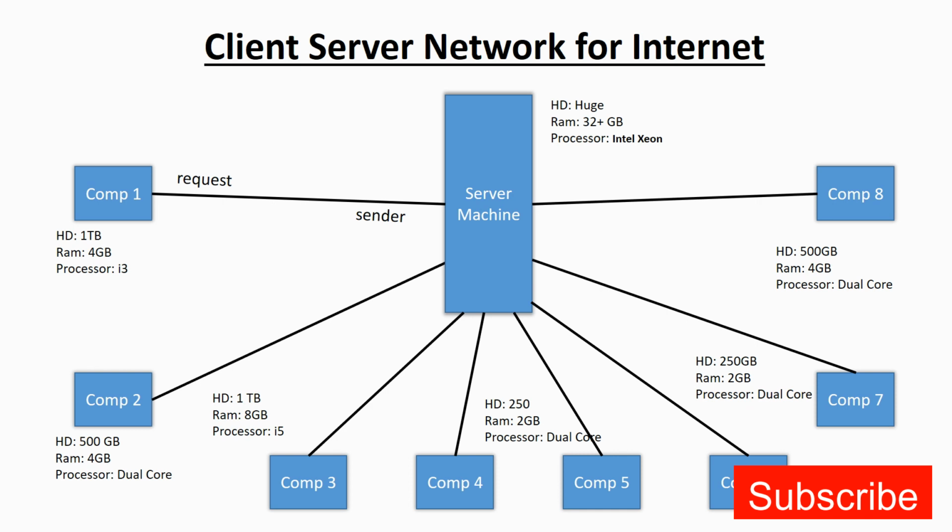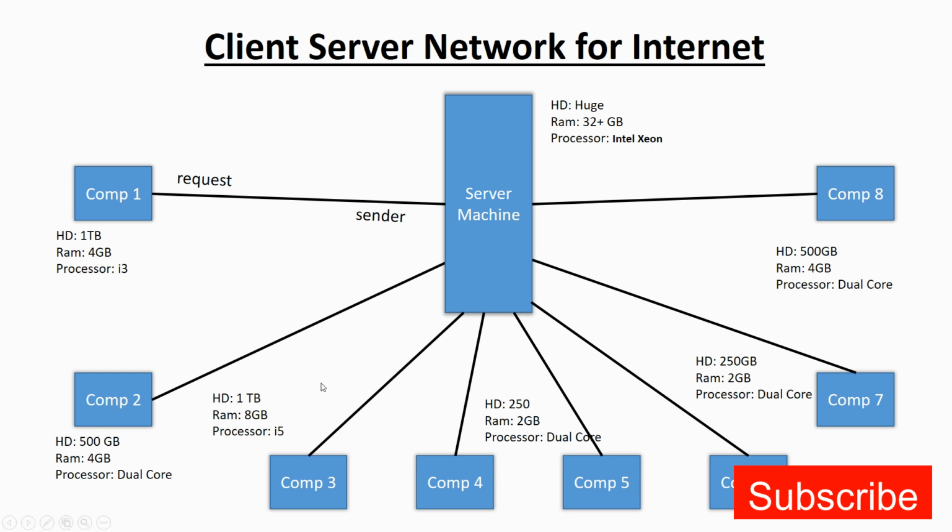First the text data comes, and then the audio and video data gets loaded onto your web page. So this is how the entire process works for a client server network for the internet.